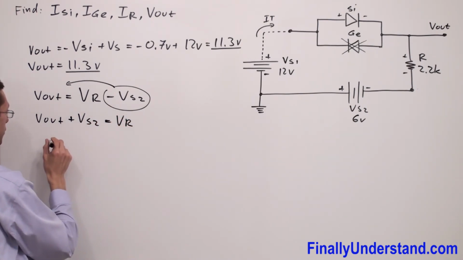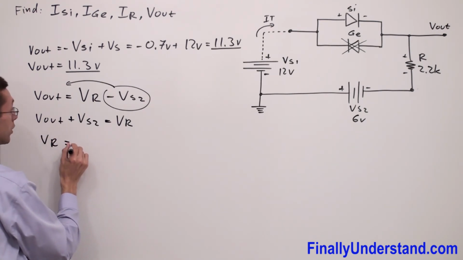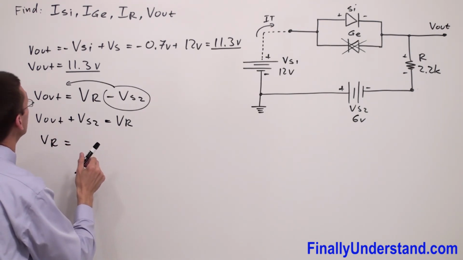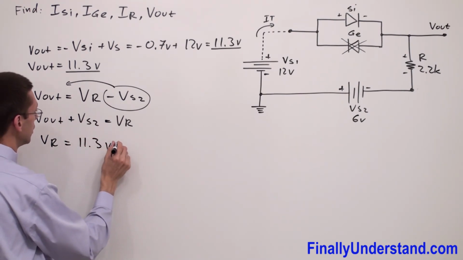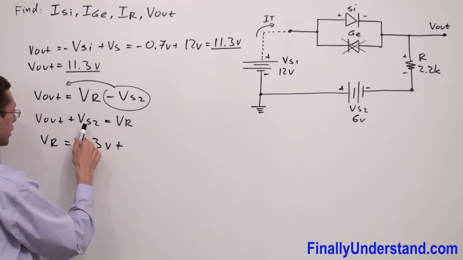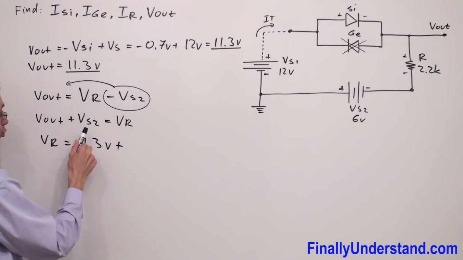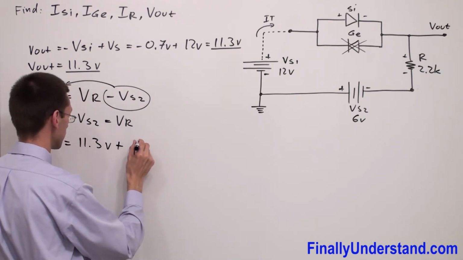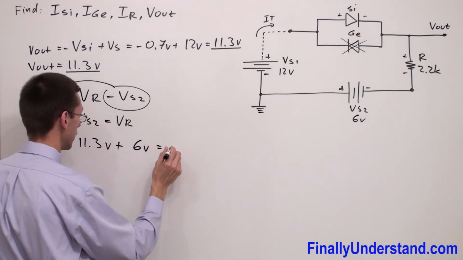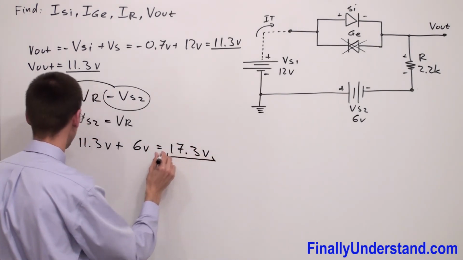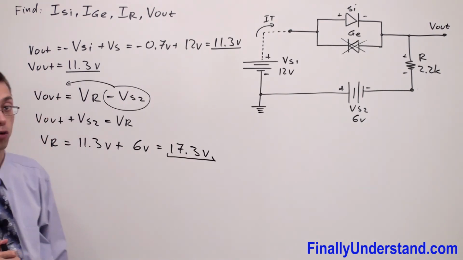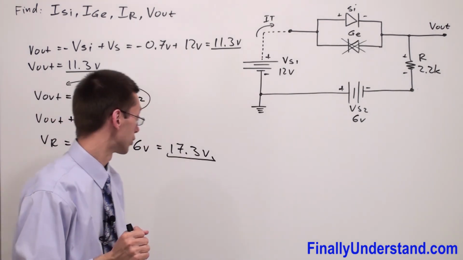Okay, so I have VR is equal to V out, which we found is equal to 11.3 volts, plus voltage source 2, which is equal to 6 volts. This is equal to 17.3 volts. So this is the voltage across the resistor.